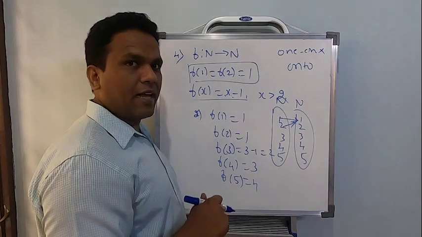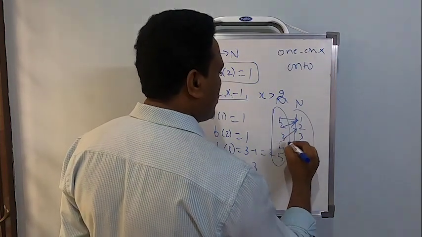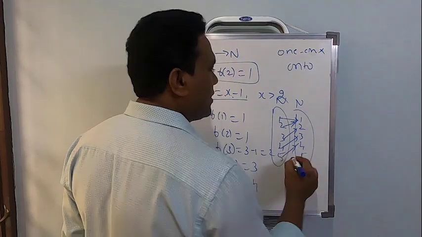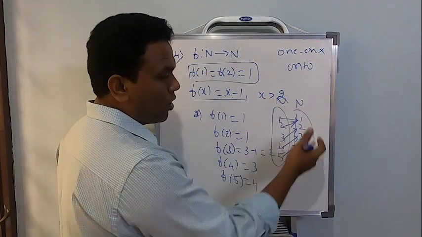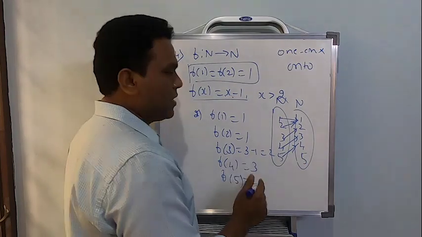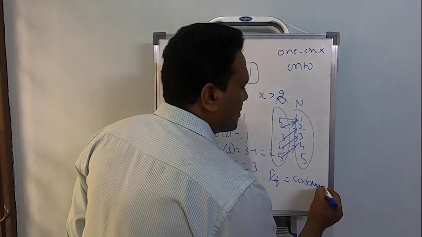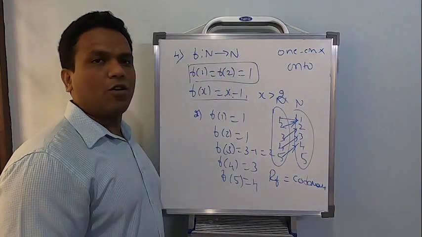Two different elements can have the same image, remember. Now f of 3 will be 2, f of 4 will be 2. Like that, if I keep doing, all the elements of the codomain will have pre-images here. So range of the function equals codomain. Therefore f is said to be onto.